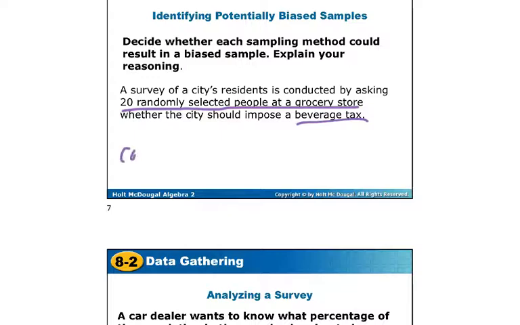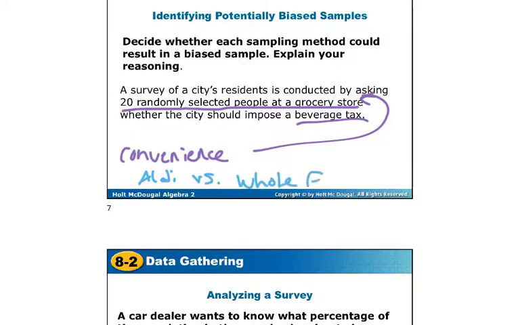We call this one a convenience sample because it's just one grocery store. And what if that grocery store is Aldi? Or what if that grocery store is Whole Foods? I would think that there would be a different set of people at Whole Foods versus Aldi. I don't even shop at Whole Foods. I don't even know where they are.